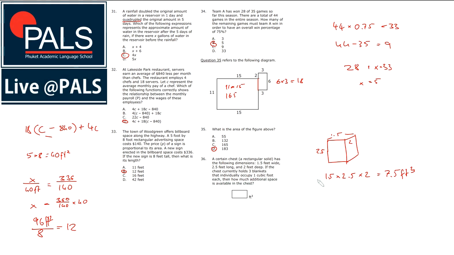One blanket occupies 1, there are 3, so 7.5 minus 3 is equal to 4.5.